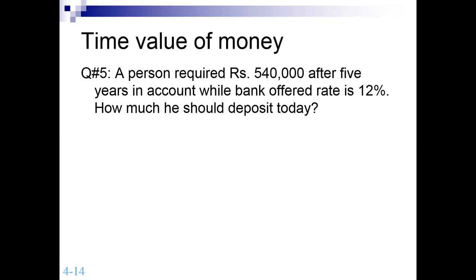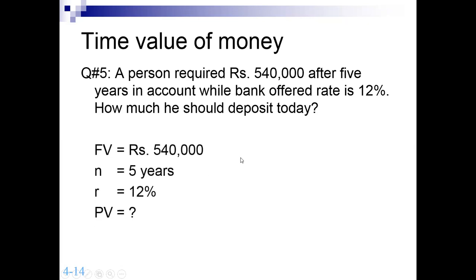Like look, this is the question. A person required 540,000 after 5 years in account, while bank offered rate is 12%. How much he should deposit today? So a person required 540,000 after 5 years. This can be taken as future value. Offered rate is 12%, and the question is asking how much he should deposit today. So this is the data which is appearing with the help of this question.